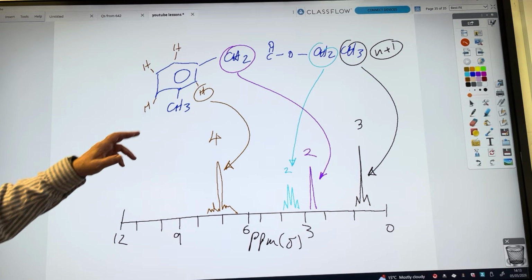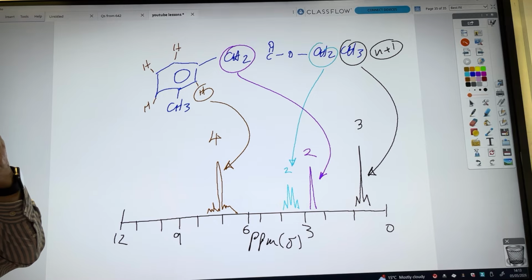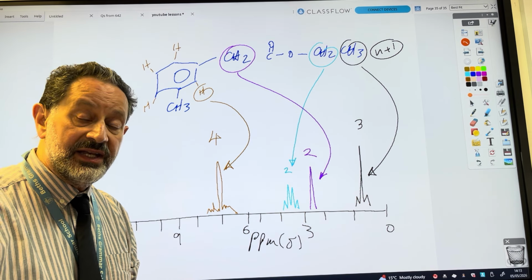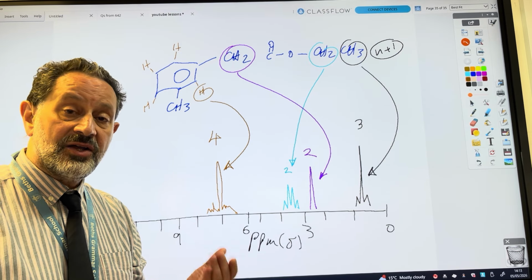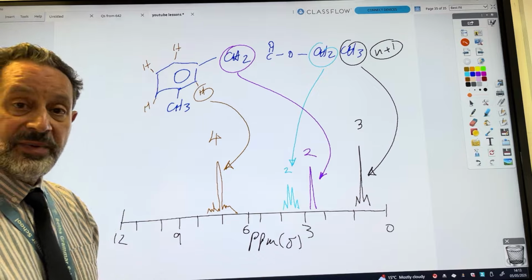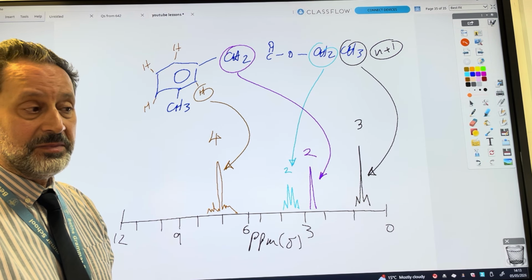And then we come to that methyl functional group that is sitting on the aromatic system. As I said earlier, if you have an alkyl system on an aromatic system, anything attached to the aromatic system is pushed into the 2 to 3 region ppm.